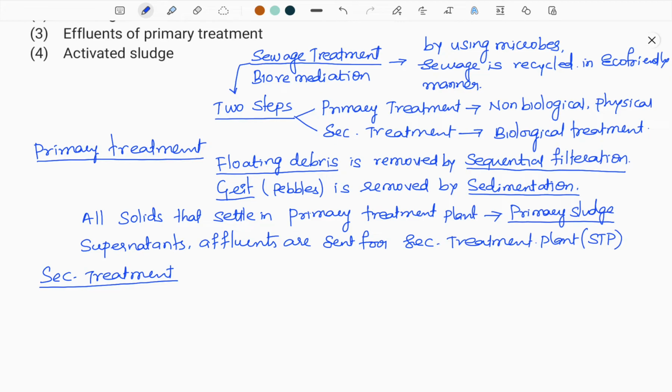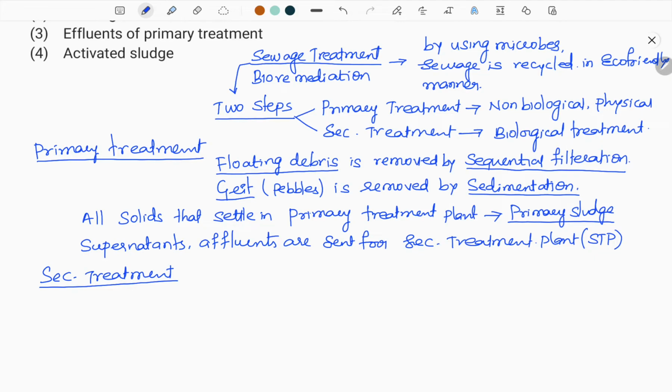As oxidation speeds up, the quantity of pollutants decreases. As a result, the biological oxygen demand also decreases, and as biological oxygen demand decreases, pollution also decreases. The same thing we do in the secondary treatment plant also. So here we call them large aeration tanks.